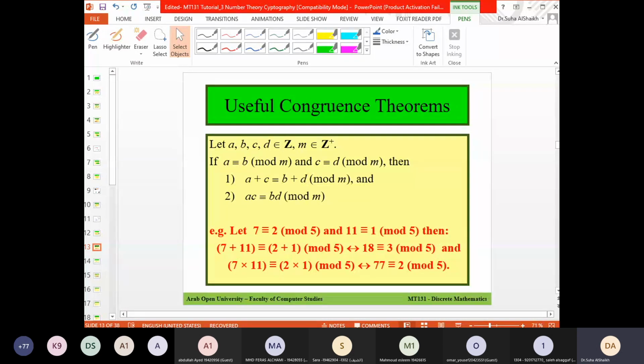If A is congruent to B mod M, and C is congruent to D mod M, then A plus C is congruent to B plus D mod the same M. Notice what is happening: if I add A and C, and add B and D, again they are congruent with respect to mod M. And the same thing if I multiply A by C, it is again congruent to B times D mod the same M.